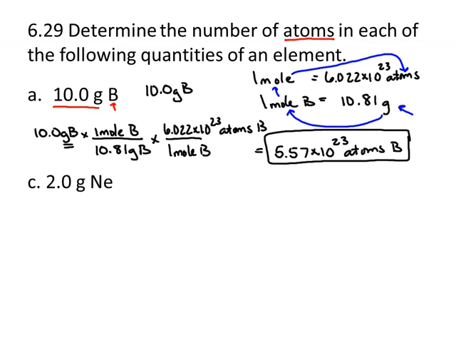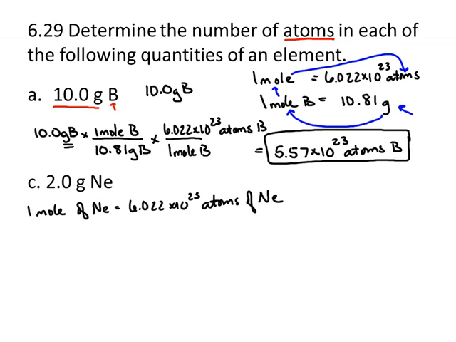Okay, let's do neon. Again, I know I'm going to atoms, so I know that 1 mole of neon equals 6.022 times 10 to the 23rd atoms of neon.